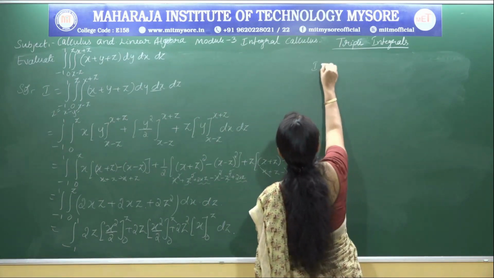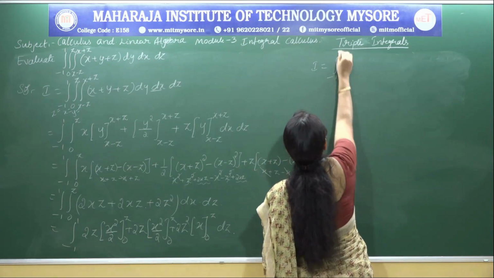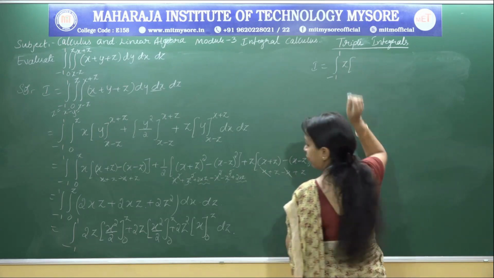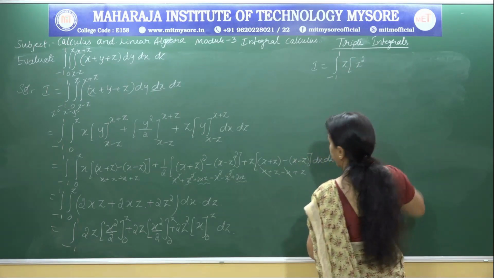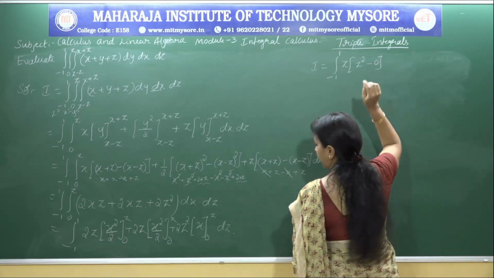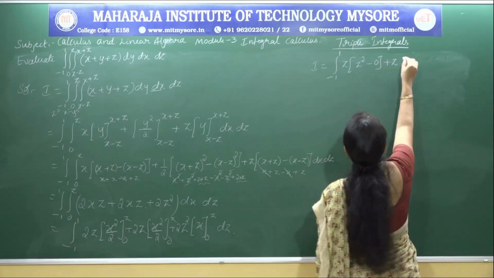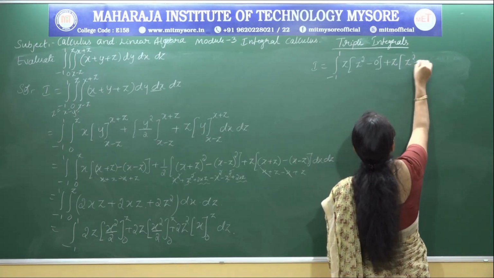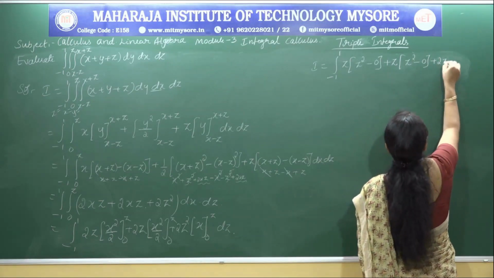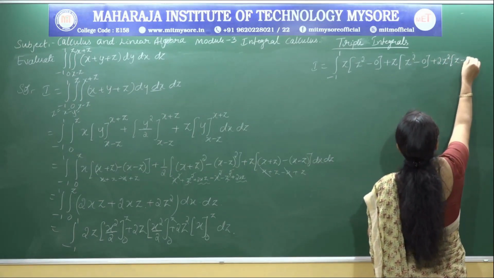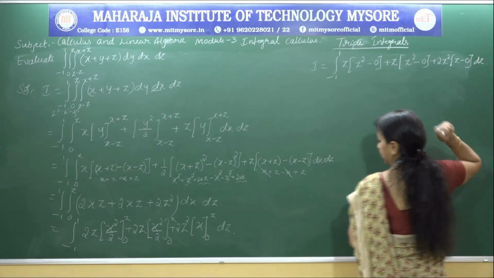So the given integral I reduces to, 2 get cancelled, integral minus 1 to 1, z into upper limit z, we have x square, so that becomes z square, minus lower limit 0, 2 get cancelled, plus z into upper limit z square and lower limit is 0, plus 2z square into upper limit z minus lower limit 0, dz.